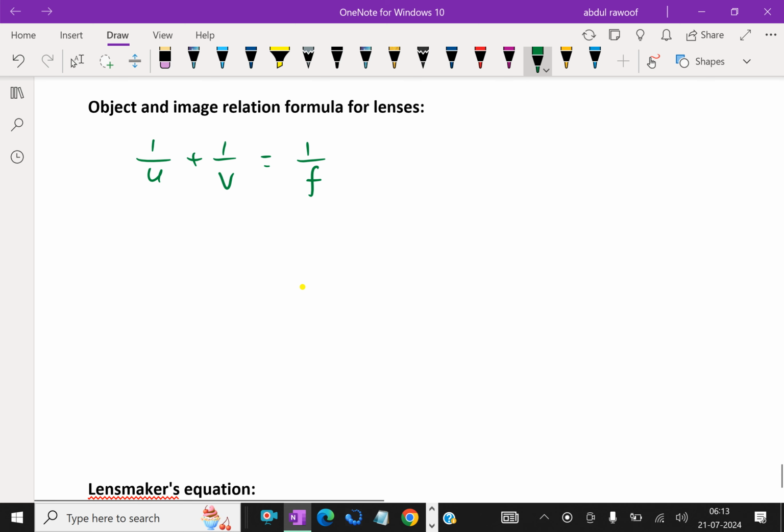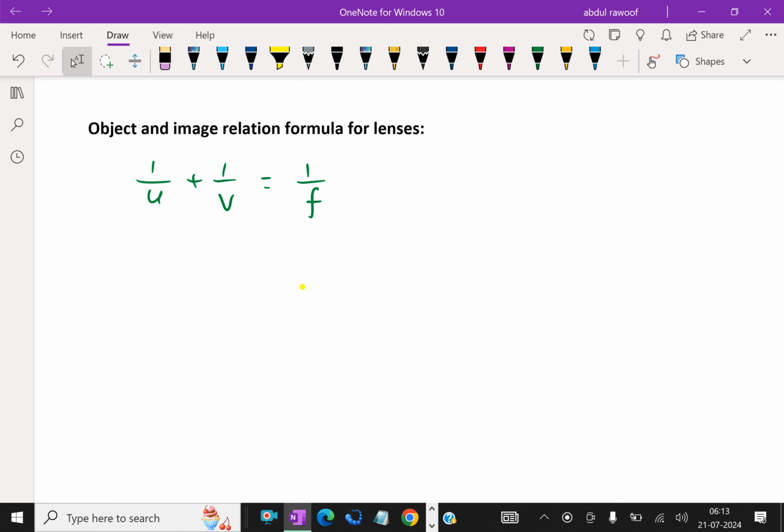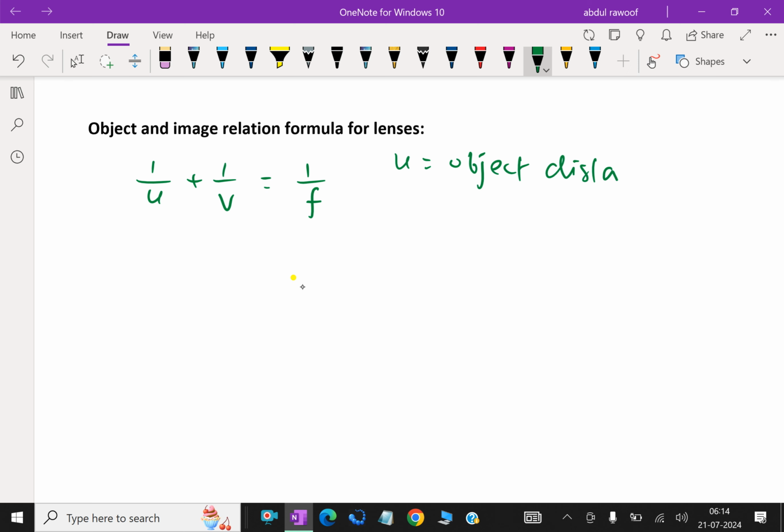In this, u equals object distance from the center of the lens, and v is the image distance from the center of the lens. f is the focal length.